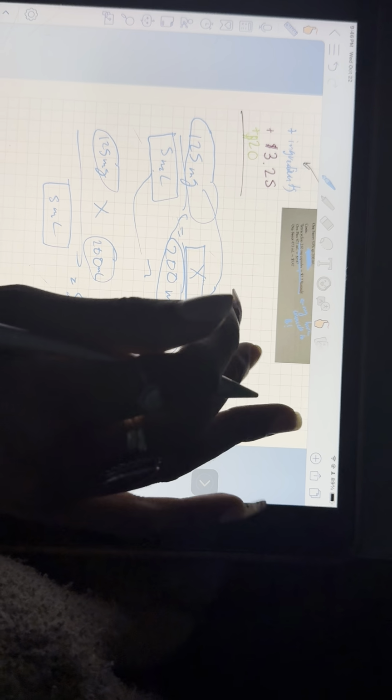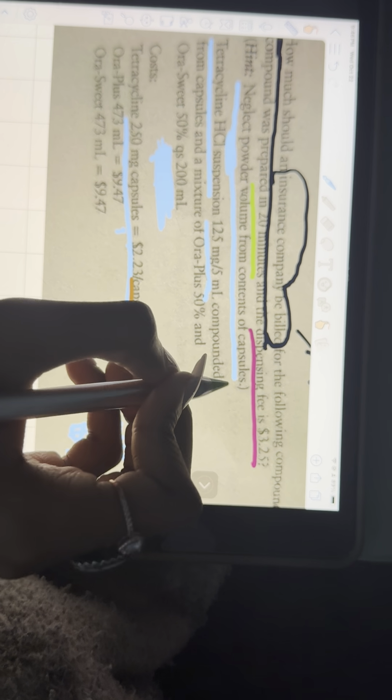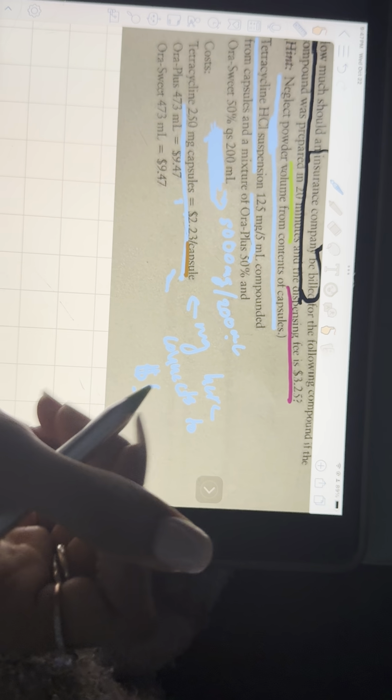Why? Because it means that in the final solution of tetracycline HCl suspension, there's going to be a total of 5,000 milligrams for 200 milliliters.